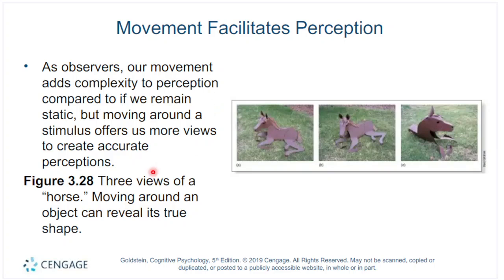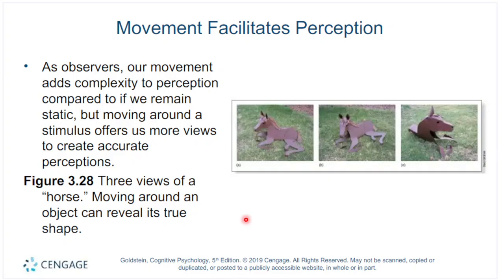mas nakikita natin, like for example, sa figure na to, if we just look at it like this, it's quite hard to decipher na, kabayo pala yan. Diba? Pero nung ginawa niya, parang 3D niya yung ikot niya. Or 360 pala, sorry. So, nakita niya na, it's a horse na parang paper mache or cardboard cutout ng horse.